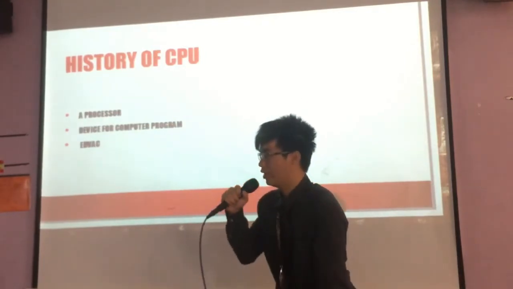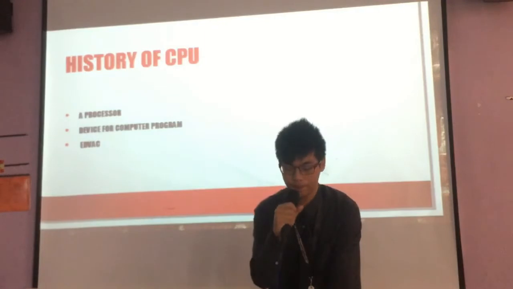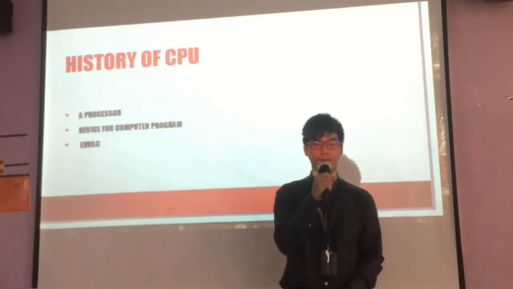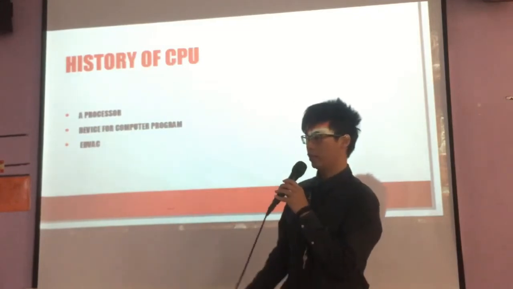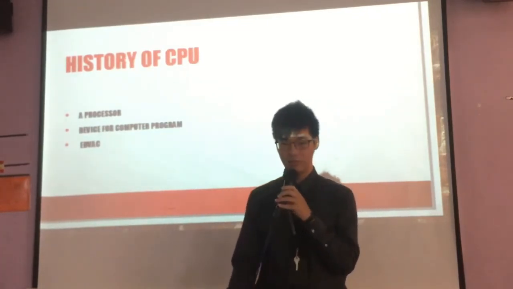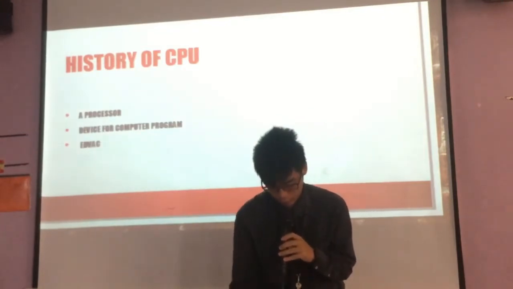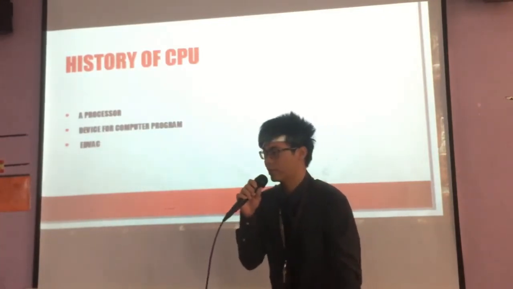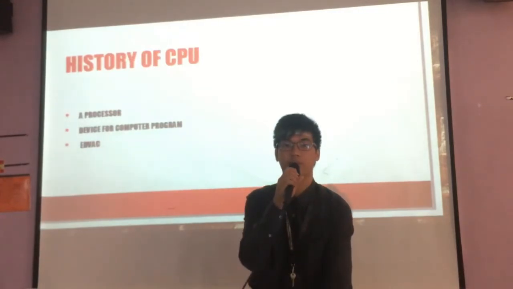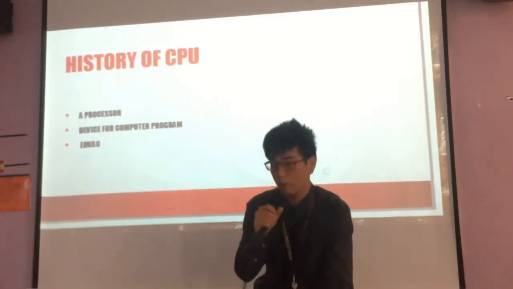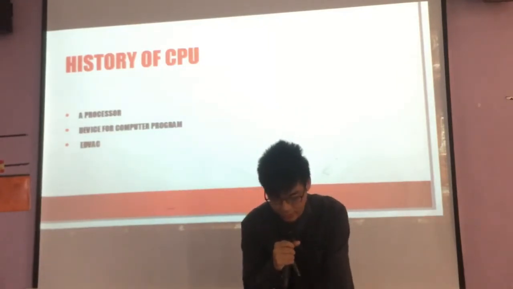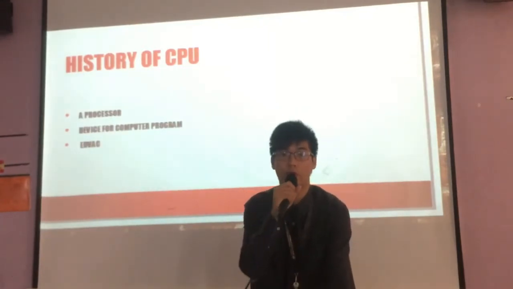And furthermore, a device for computer programs like a microprocessor and some Intels. Then, continuing with the EDVAC. Early computers such as EDVAC had to be physically devised to perform different tasks, which caused these machines to be called fixed program.